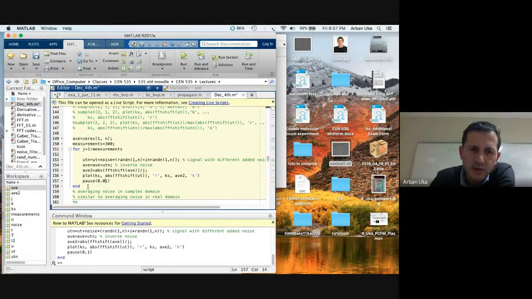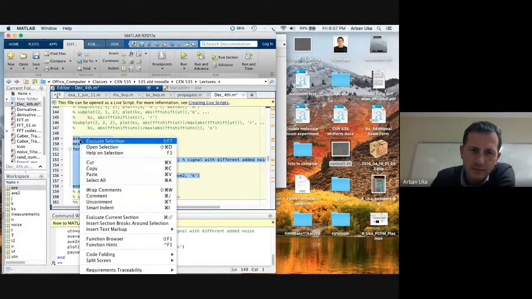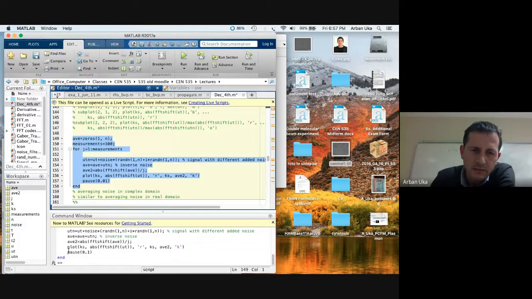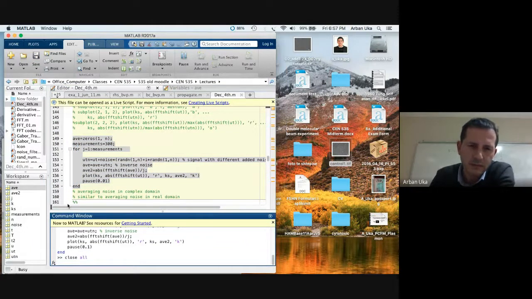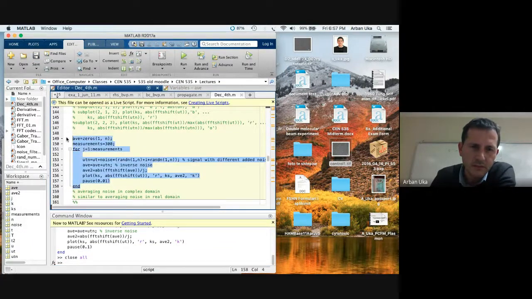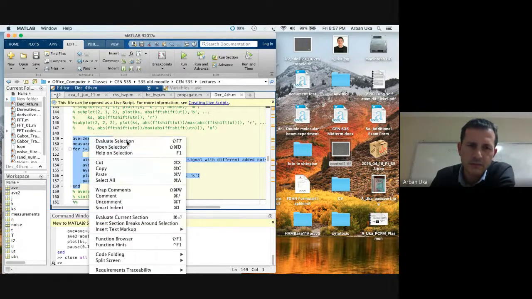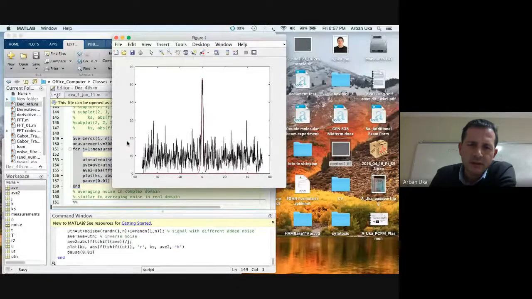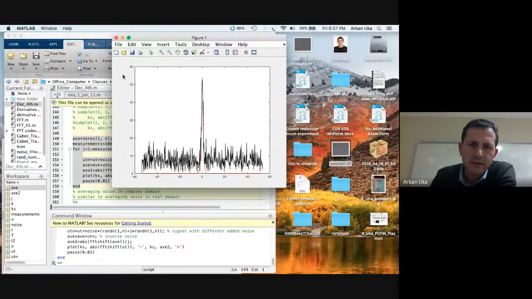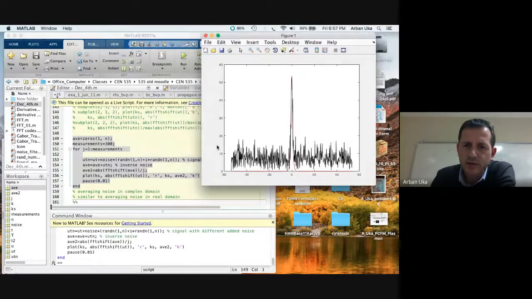We make time shorter. So this is the complex domain, because it's also obvious from the values in the range of the x-axis, which is from -60 to +60.